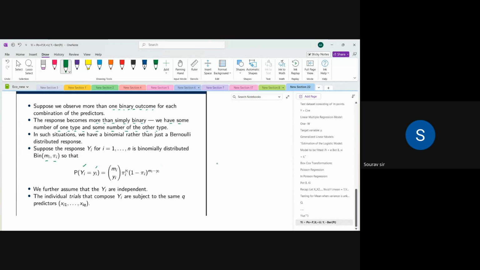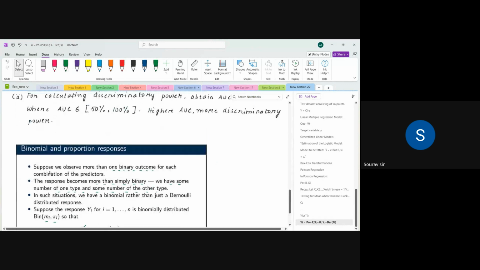Okay. So suppose the response yi for i equals 1 to n is binomially distributed with probabilities mi or pi i, so that the probability yi equals small yi is mi C yi pi i to the power yi into 1 minus pi i raised to the power mi minus yi. We further assume that the yi's are independent and the individual trials that compose yi are subject to the same q predictors x1 all the way till xq. Okay.